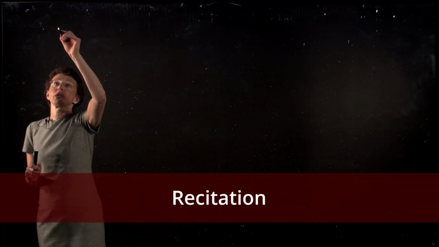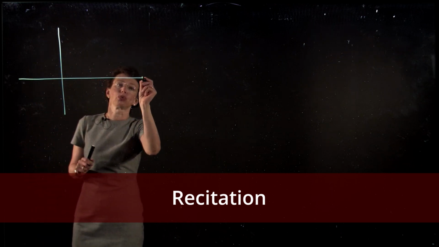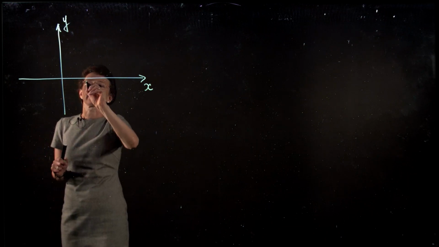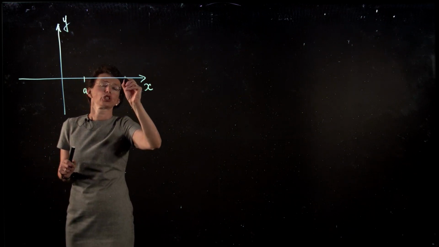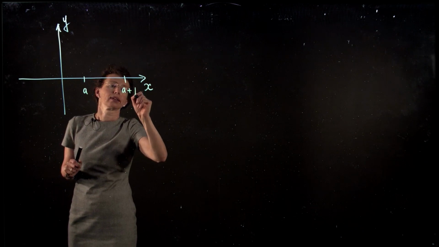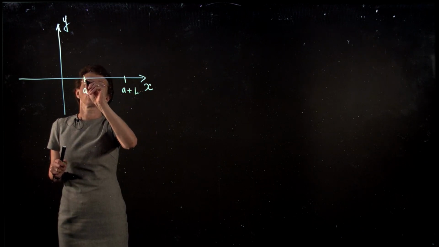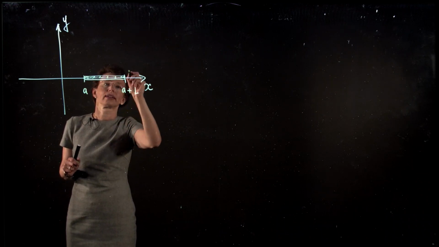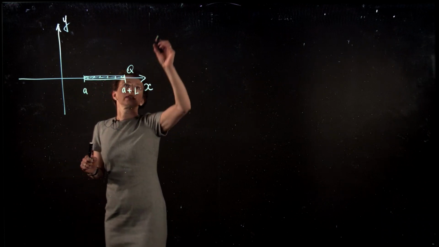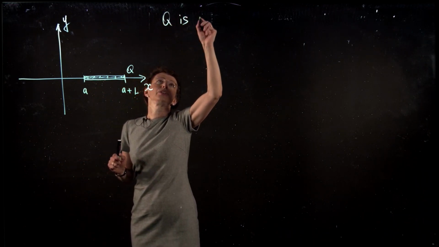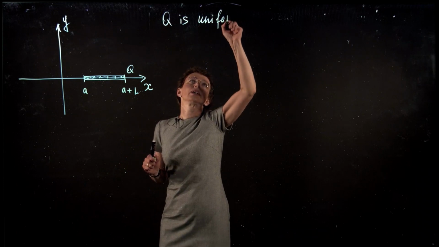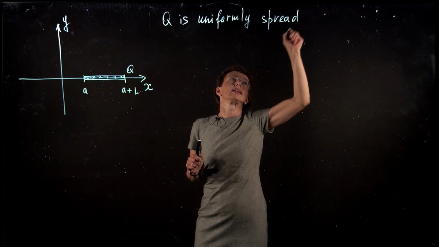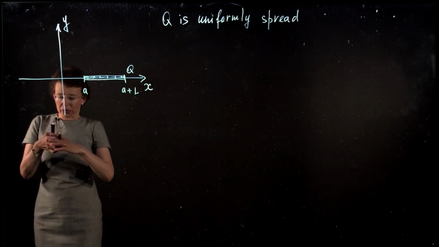For the next problem, we will have charge Q uniformly spread along X from A to A plus L. What we need to find?